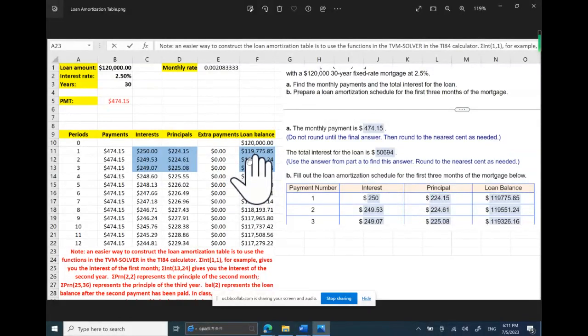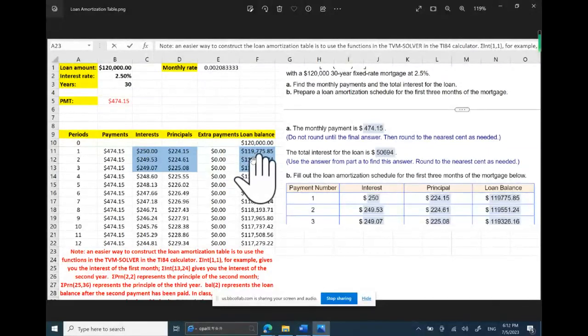Hold on, my bad. You actually only subtract the principal. Yeah, you subtract the first month's principal from the original loan amount. So you get this difference, not the whole payment. I apologize. Now your loan balance is reduced to this amount.